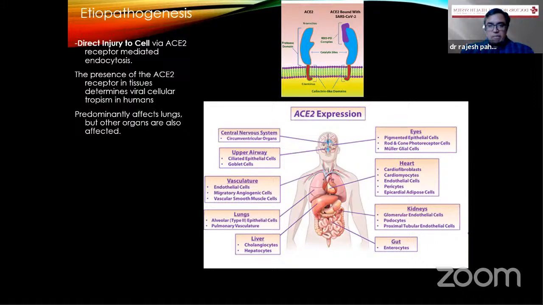ACE receptors are expressed in abundance in type 2 alveolar cells, therefore the lungs are predominantly affected. But ACE receptors are also expressed in enterocytes, brain endothelial cells, glomerular endothelial cells, cardiac cells, and brain parenchyma. Therefore, there are extrapulmonary manifestations of COVID-19 as well.